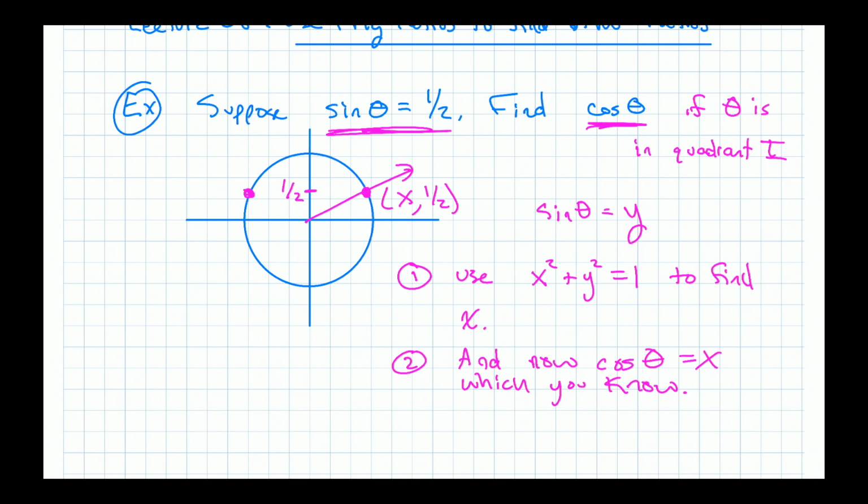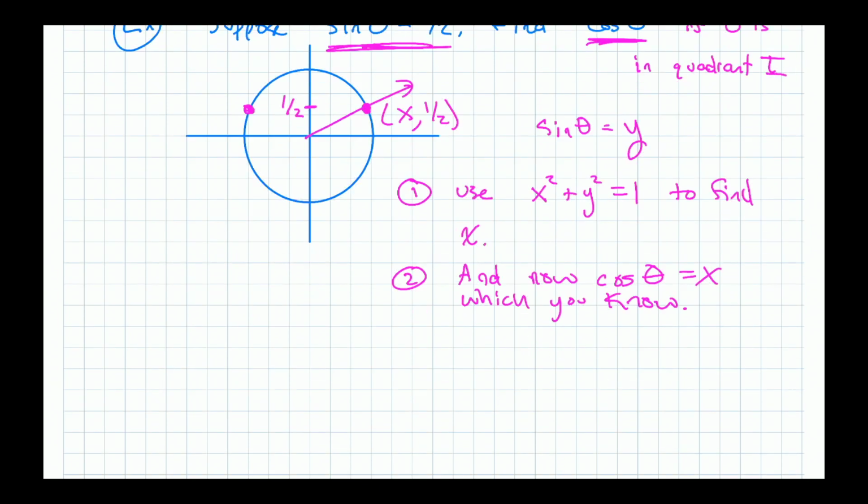So we're going to have a method that combines the unit circle stuff that we know with the right triangle trig stuff that we know, and together we're going to have an easier time solving problems like this one. That's why I'm not finishing this one, because we're going to have a better way.